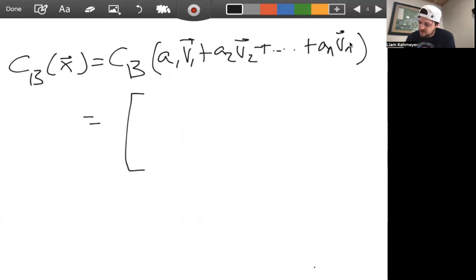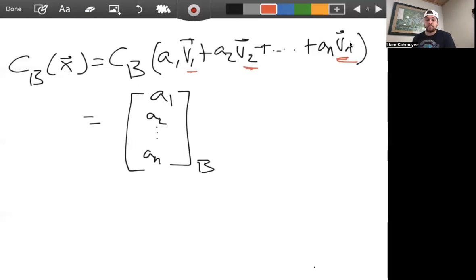We just write this as a1, right? We take all the coefficients, a1, a2 down through an. And then this is with respect to the basis B. So it's implicitly understood that we're using our basis v1 through vn, right? And not just the standard basis here.